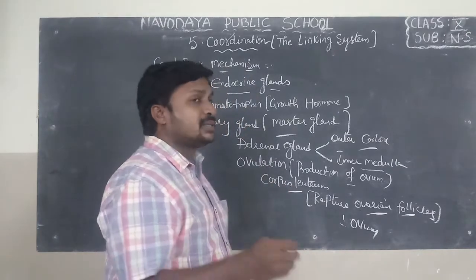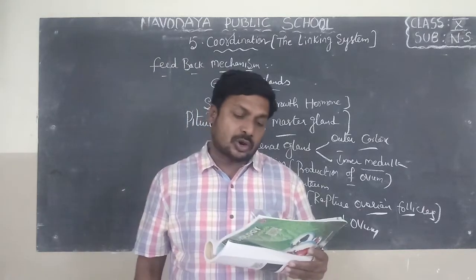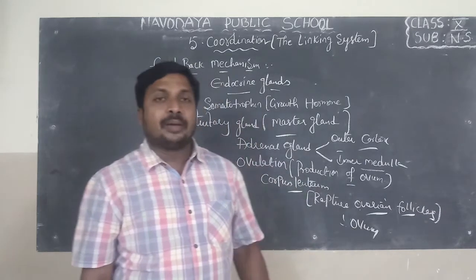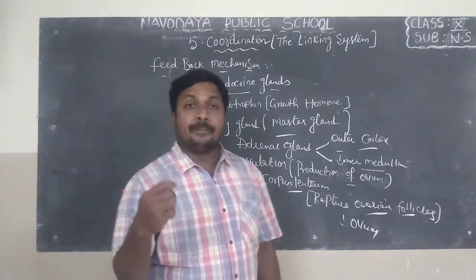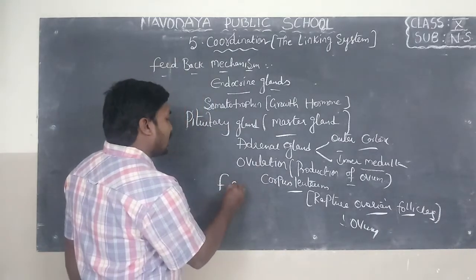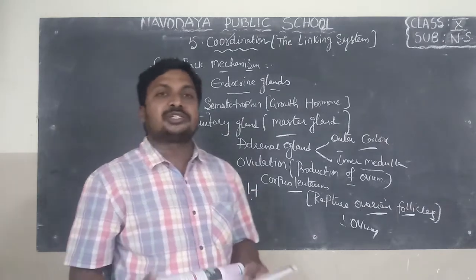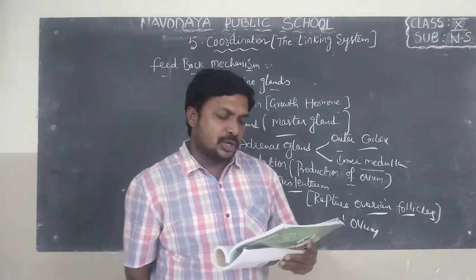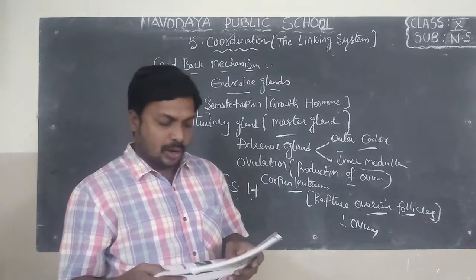Females release two types of hormones, one is estrogen, second one is progesterone. Then milk production and secretion after childbirth: milk is produced from the mammary glands of the female with the help of a hormone. This hormone is helpful for both males and females.